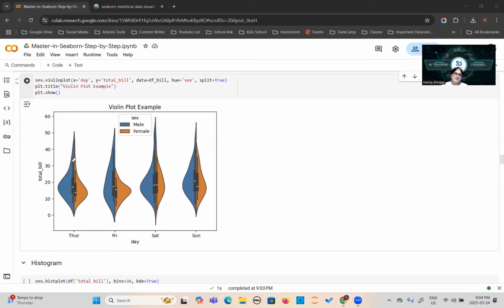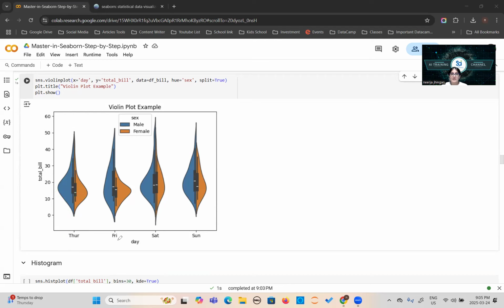But the male one is going more towards the outside. This means more male persons went for dinner or lunch, whatever the time, on Thursday. So this is showing the highest distribution. The male has higher distribution data points than the female, because this area is bigger than this one.